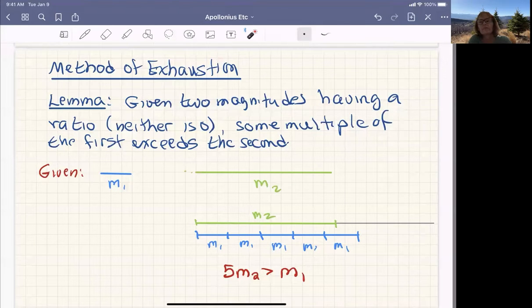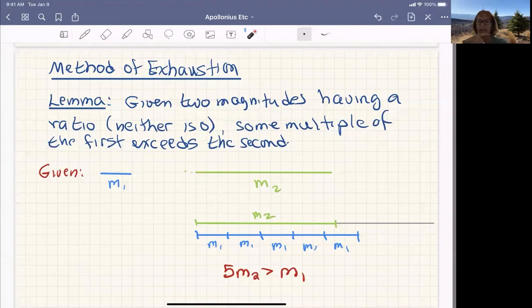Now, he also did the method of exhaustion. So let's look at some of the things that he proved. The first thing is, here's a lemma. Given two magnitudes having a ratio, that really means neither is 0.